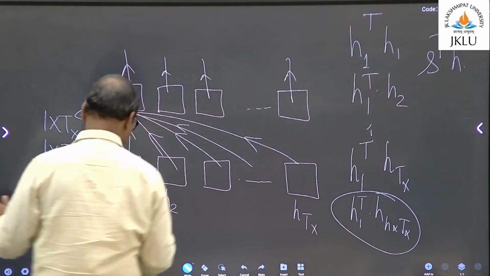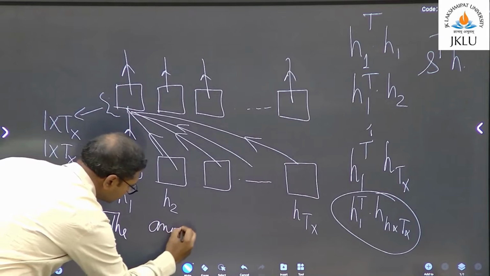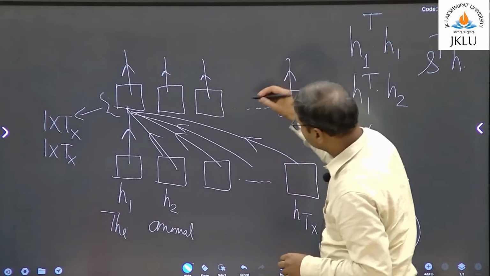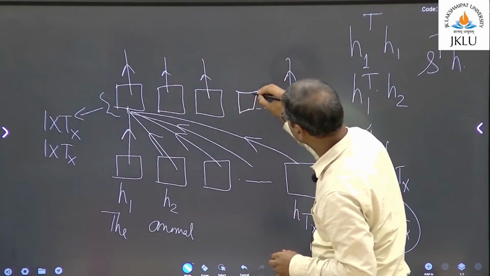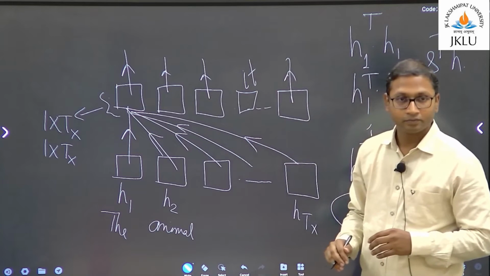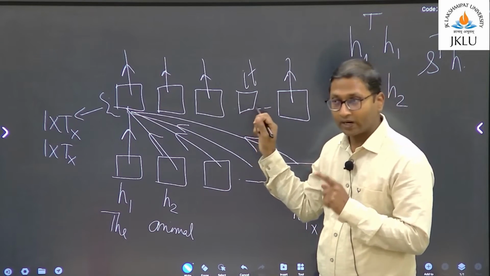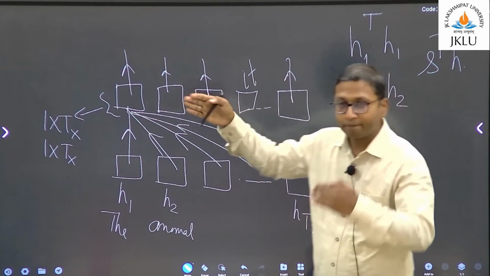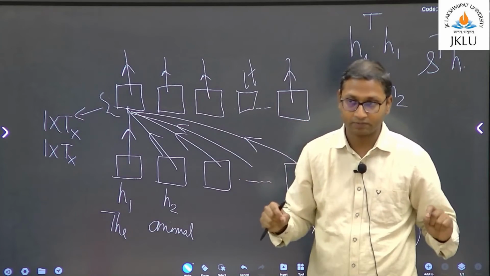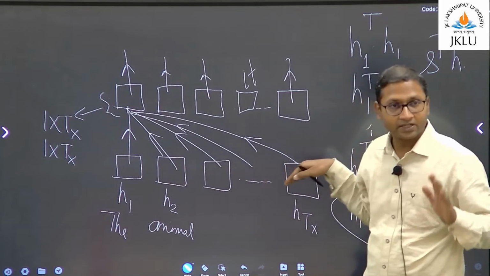And now consider this was the animal and blah blah blah. Let's say somewhere here there was it. Now it makes sense for this guy to attend. So see, in the end deep learning is about learning representations. Okay. So right now you have these representations, these vectors here.